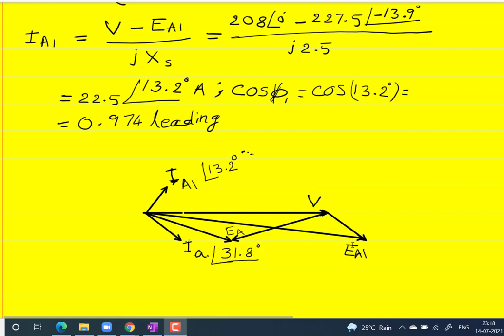EA1 is larger because the flux is increased, so EA1 increases. That is the reason we get EA1 more than EA. We calculated the new armature current, which is shown as leading. So this IA1 leads the vector V by 13.2 degrees.